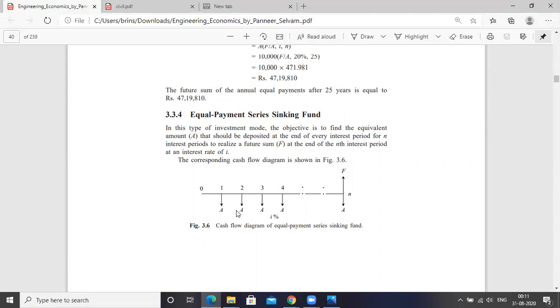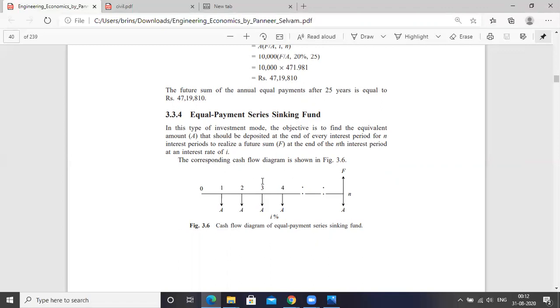So let's assume that an equal amount is deposited in a savings account, or placed in some other area where we earn some interest at a certain period, that is, each year.